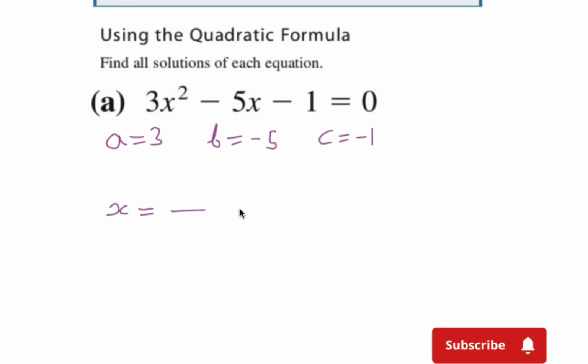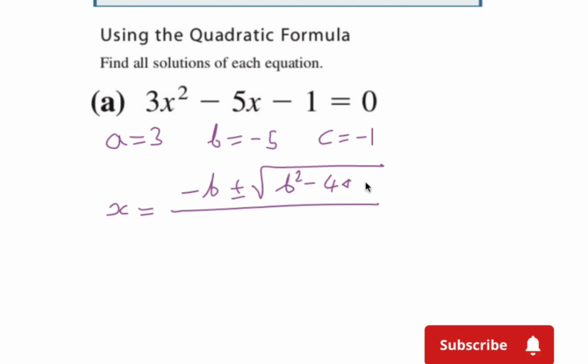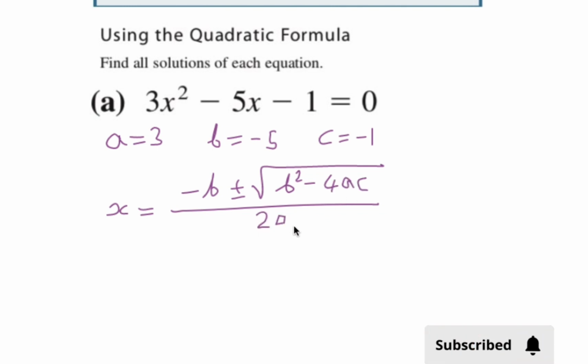It is my personal suggestion. Minus b plus minus square root b square minus 4ac upon 2a.